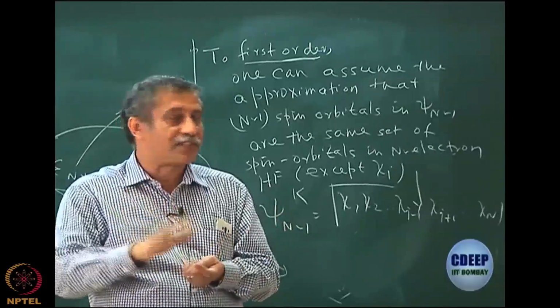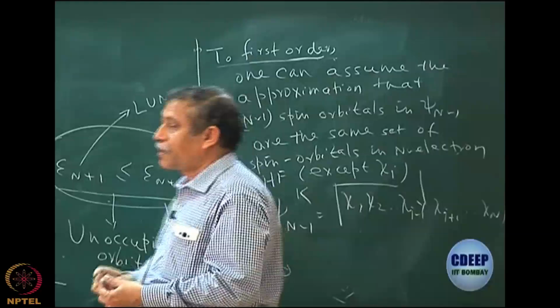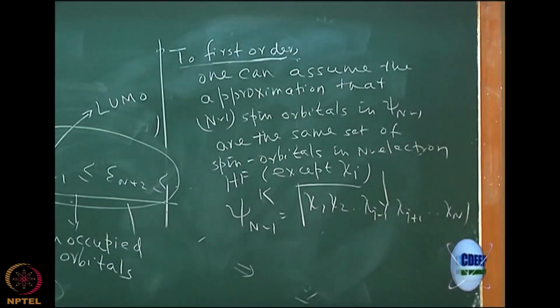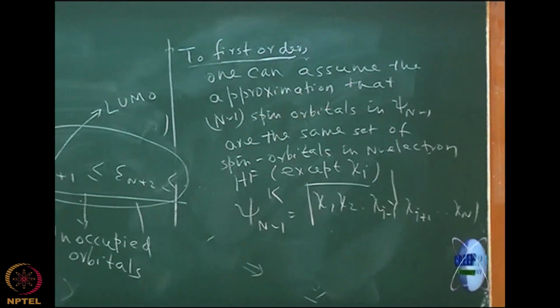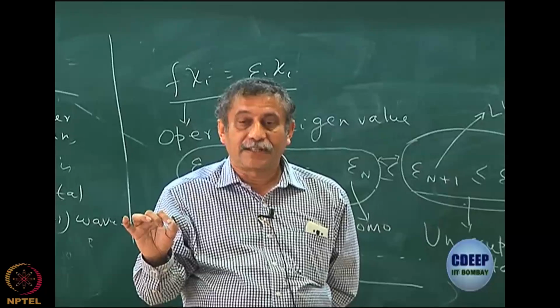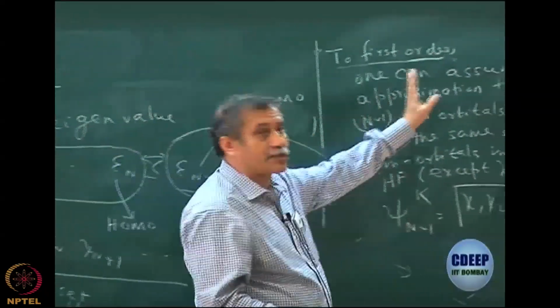Okay, we'll show this. This was an important part of the Koopmans approximation, which is always omitted in all textbooks. In fact, in the textbooks they never discuss this. Koopmans actually used a variation method to show that if you do this, you are only making an error beyond first order.